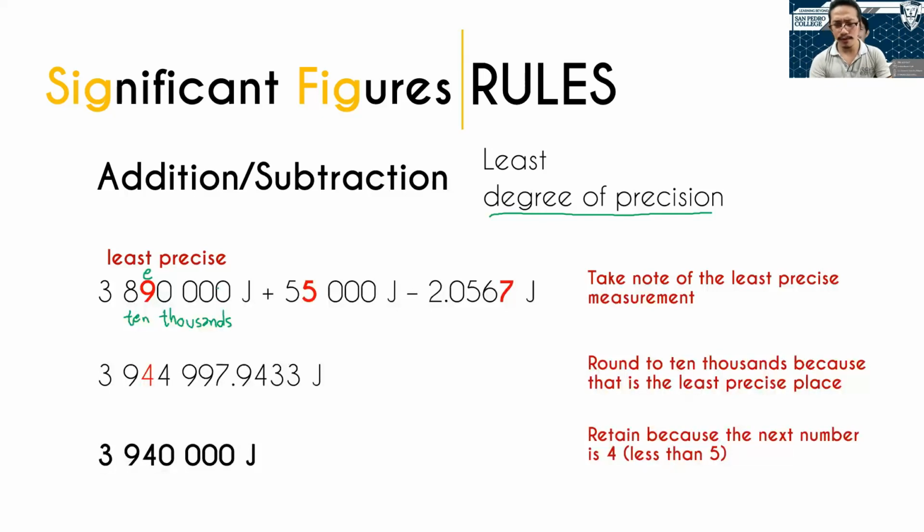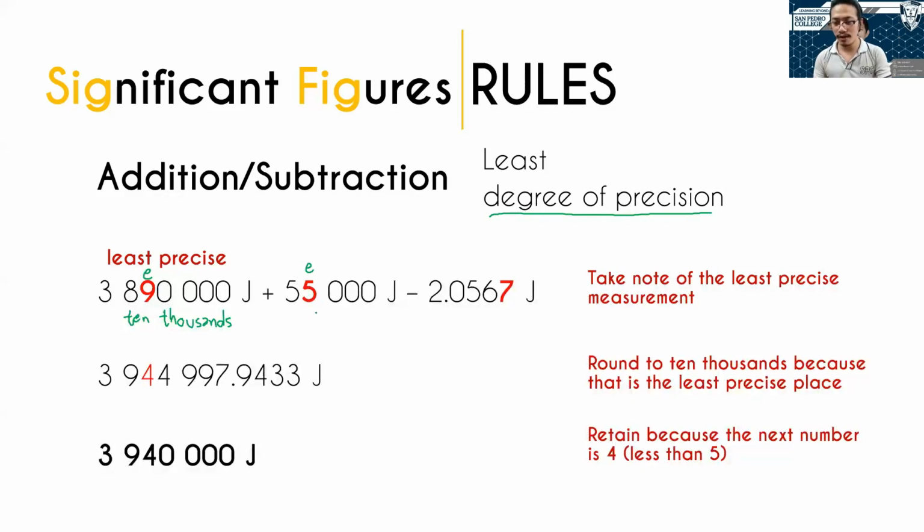Ayan. So you're familiar with the placeholders, right? Or place values. Ones, tens, hundreds, thousands, and 10,000s, etc. So yung precision natin dito is 10,000s. Dito, yung precision natin or yung estimate natin is si 5. Yan, that's our estimate. Kasi alam natin that these zeros are not significant kasi walang decimal point. So yung estimate natin, yung last significant digit natin is si 5.